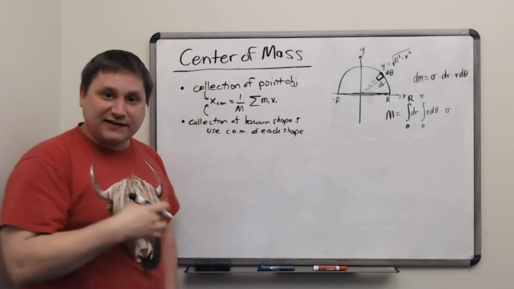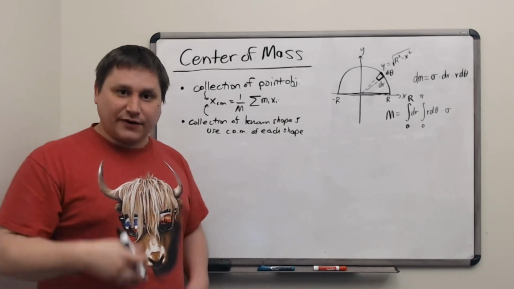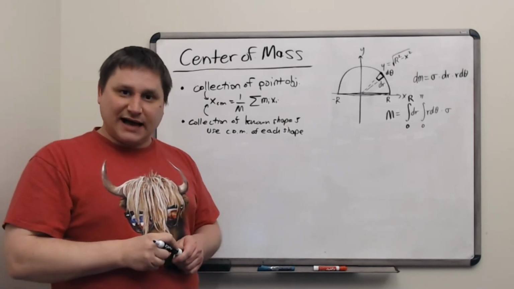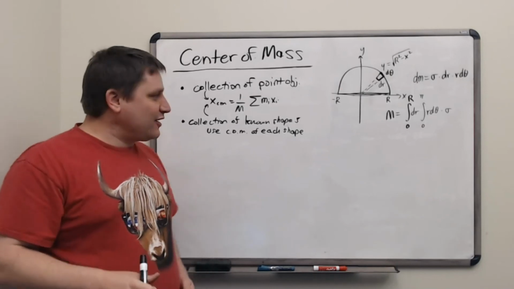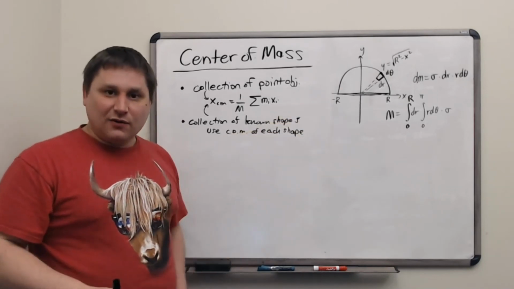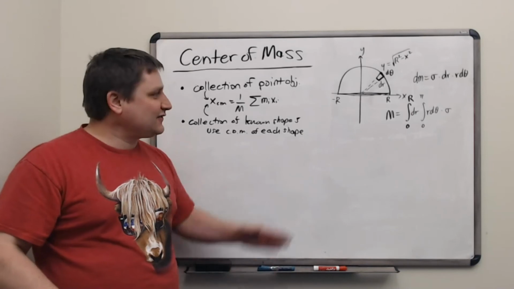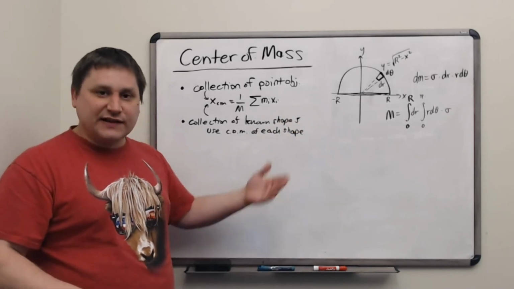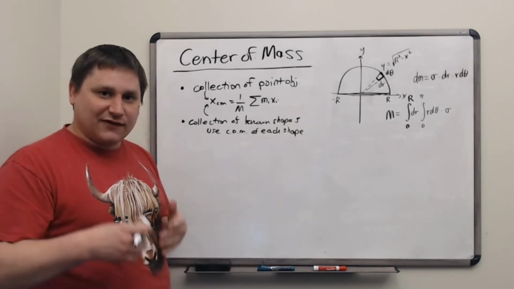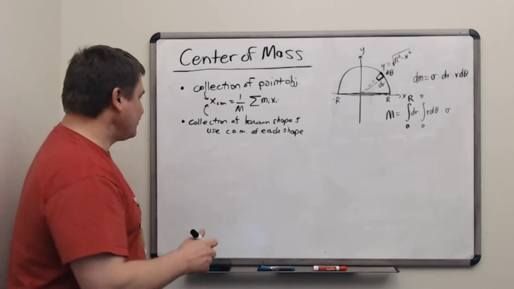So the shapes might be simple things like circles or rectangles, where you can just guess the center of mass by looking for their center. Or they could be things like semicircles or triangles, where you already figured out the center of mass from an integral calculation, then you can just use that as the center of mass if it's only a small part of a bigger situation.